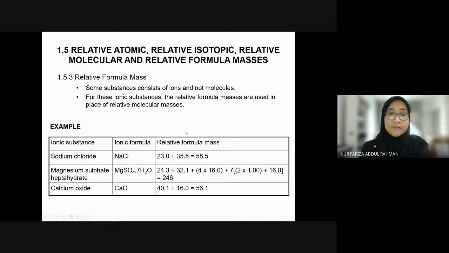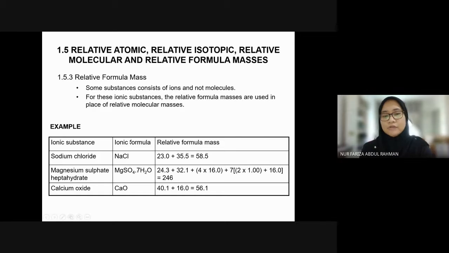And if it is present in the form of ionic substances, it needs to be called relative formula mass, because the ionic compound is made up of formula units. For sodium chloride, Na+ and Cl-, those are called the formula unit for the ionic compound sodium chloride.